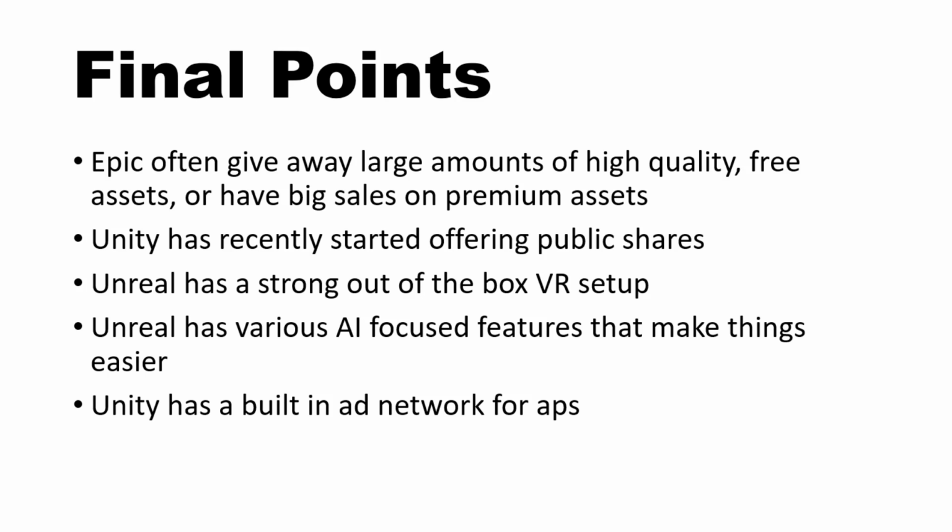Unreal has various AI focused features, and they make things a lot easier. So you can use decision trees, and you can actually draw them out, kind of like visual scripting. They've got special things for these AI features where you can map out AI in a graph, which is very useful, because if you've studied any kind of game development, and you know about decision trees and behavior trees, and state machines, you can do all that in graph form in Unreal.